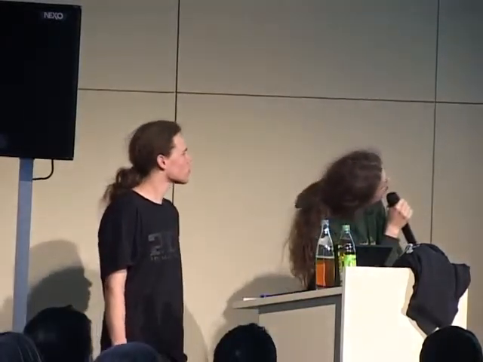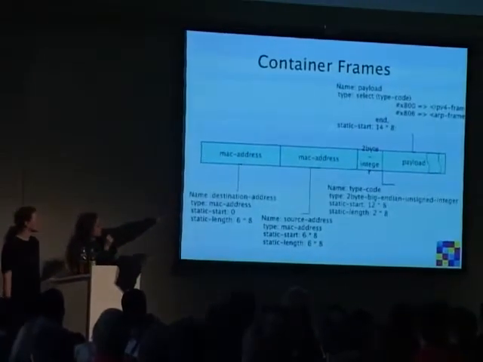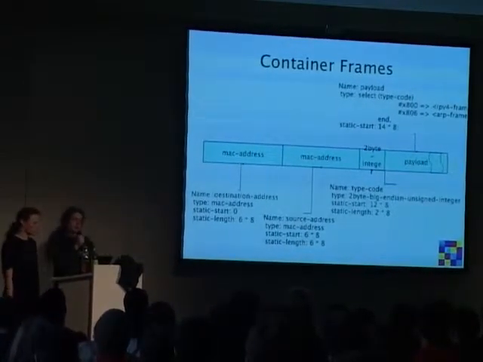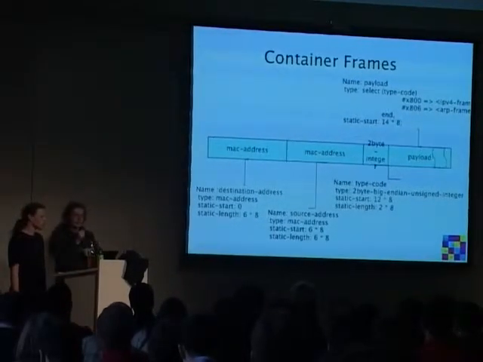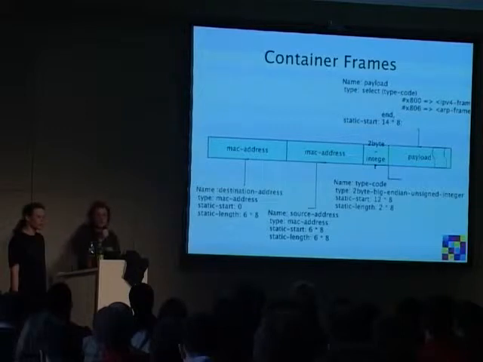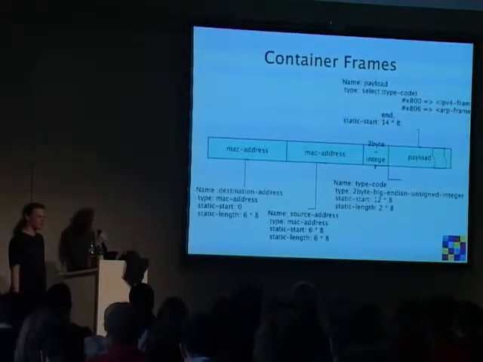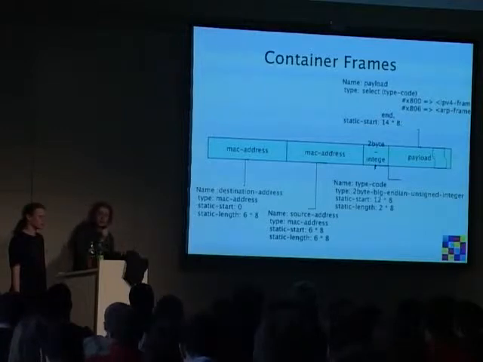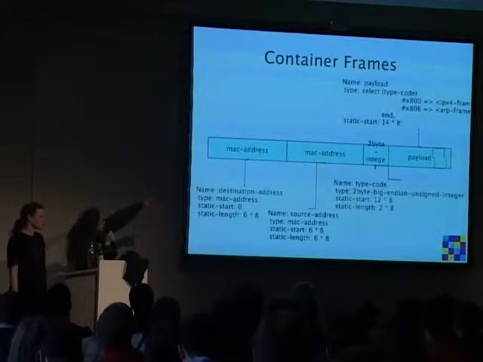One more interesting aspect here: at the end of your Ethernet frame you have a payload, and that payload can be a number of different frame types. It could be an IP frame, or it could be an ARP frame. What exactly it is depends on the value of another field, and for that we are able to write expressions.